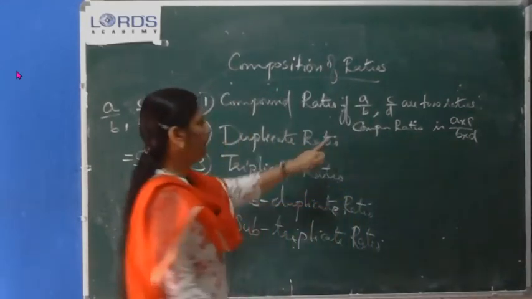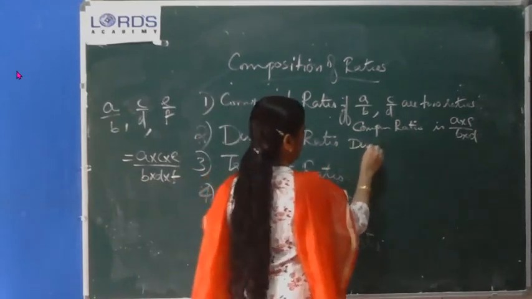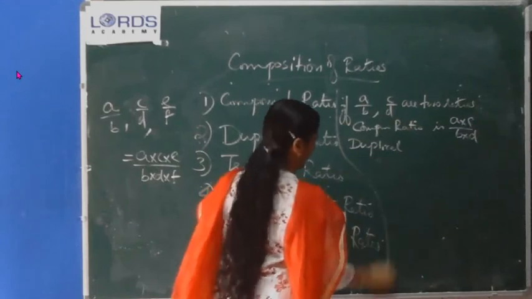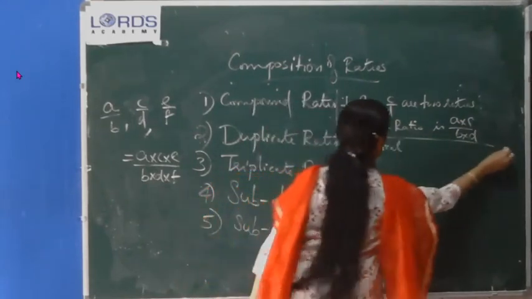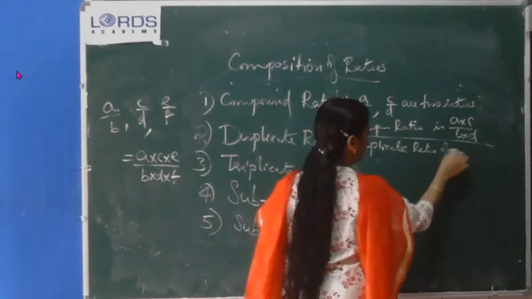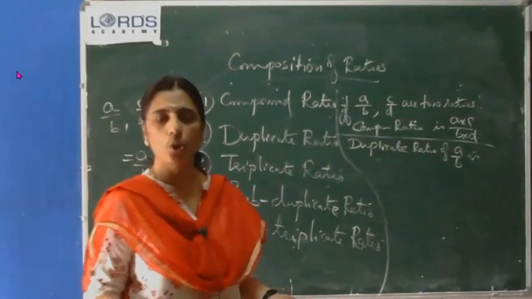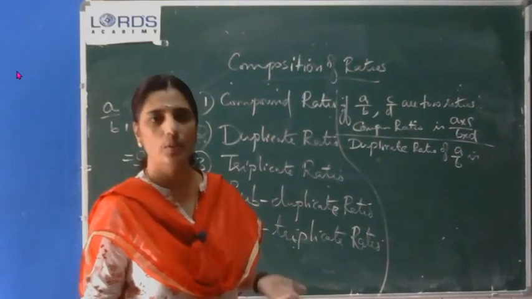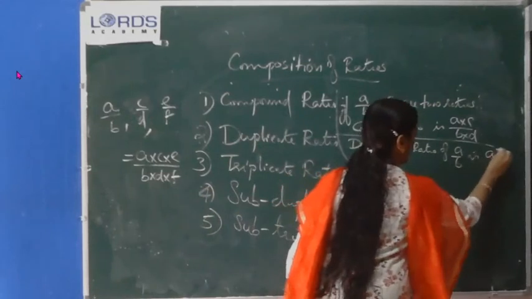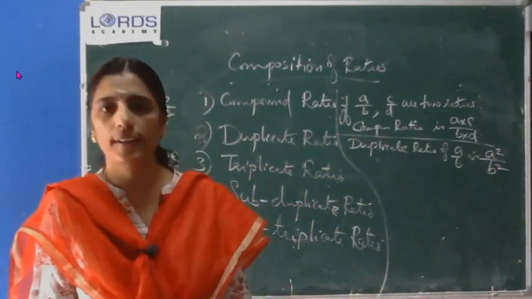Next, duplicate ratio is very easy. Duplicate ratio of A by B is just take its square. So what is the answer? A square by B square. Just square the numerator, square the denominator.